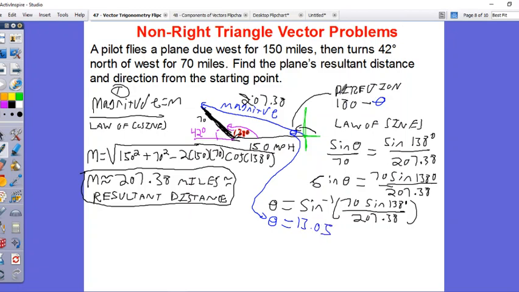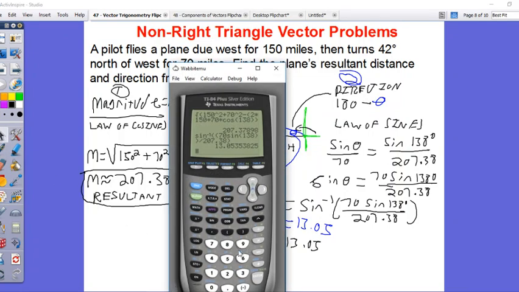Remember, our direction, we originally established this is the second step, is 180 minus theta, so that's 180 minus 13.05. That's going to be 166.95.